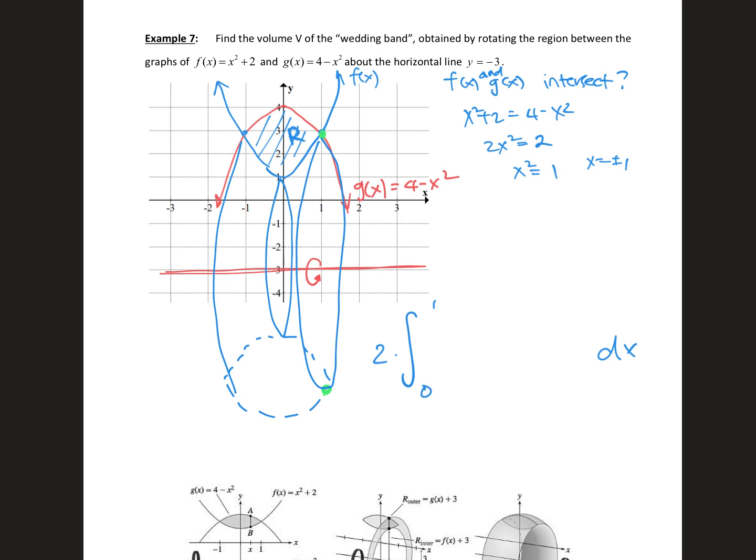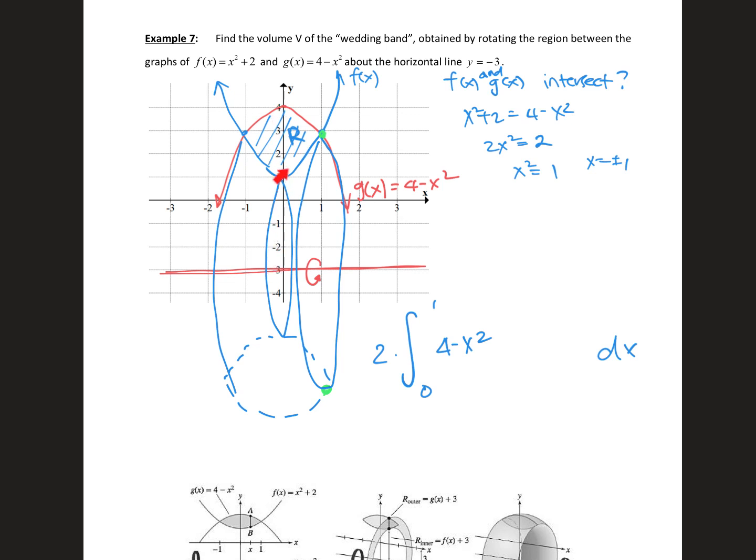That's just the distance from here to here, right? At this point, when I plug in 0 for x, this is just 4. That's this distance. But when you look at the cross section, my circle is huge.